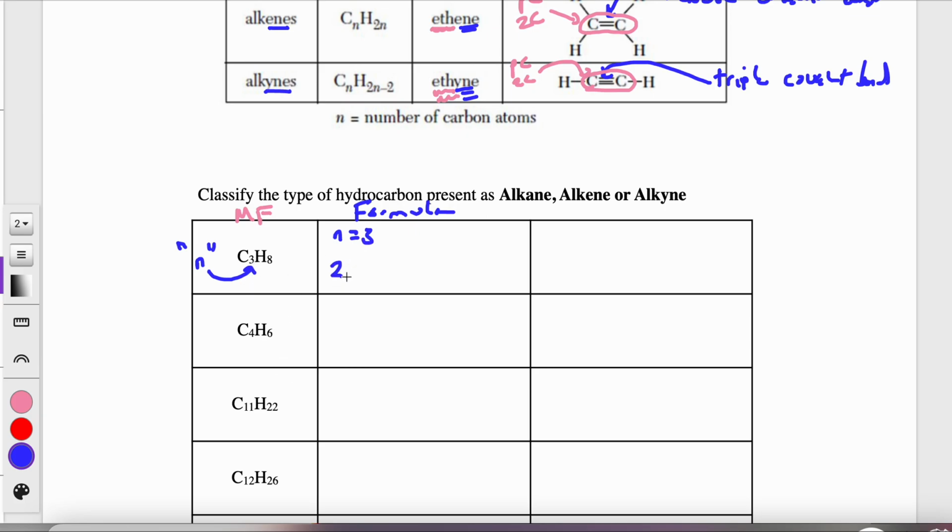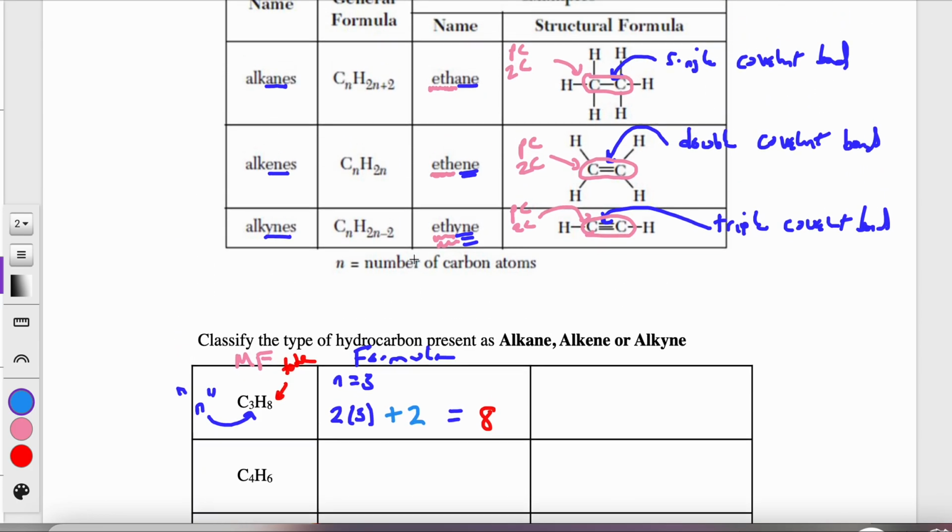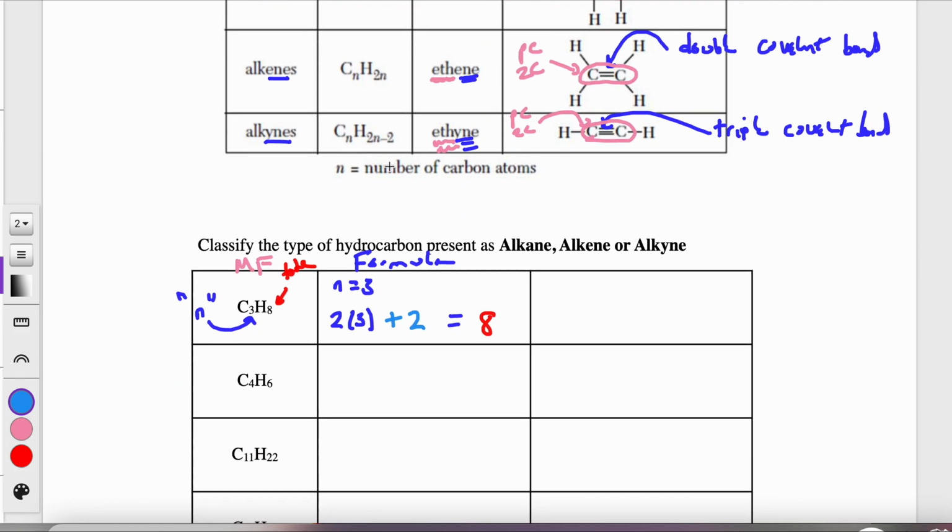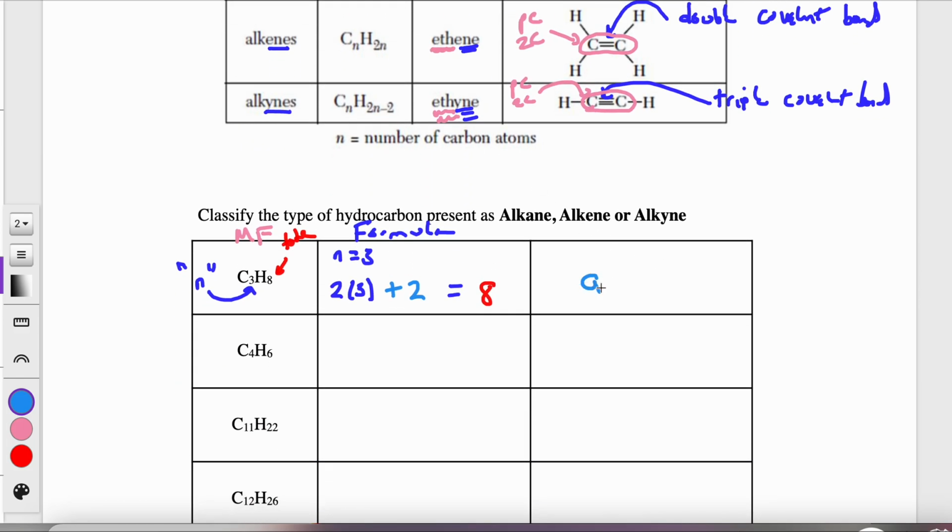So 2 times N, which is 3, has to equal the total number of H's. So it needs to equal 8. Well, 2 times 3 does not naturally equal 8. 2 times 3 is 6. To get to 8, I have to add 2 more. So 2 times N, and if I have to add 2 to it, then I understand it's an alkane. So I would classify this as an alkane.